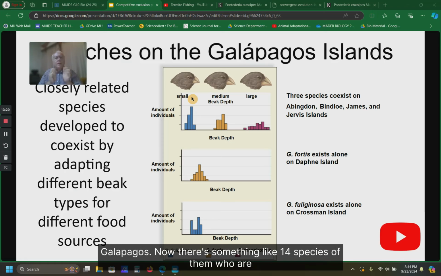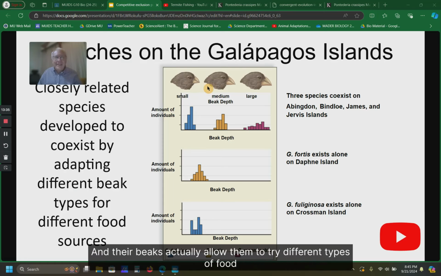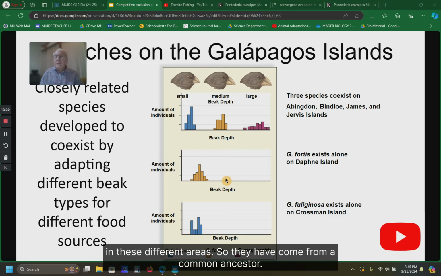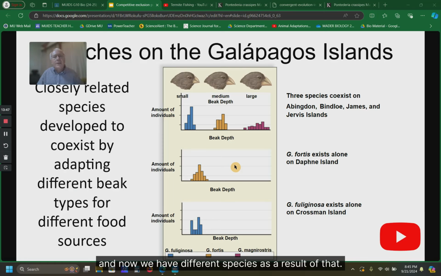There are something like 14 species of them who look very similar except for their beak, and their beaks allow them to try different types of food in these different areas. The common ancestor exploited different kinds of foods in different ways, and now we have different species as a result of that.